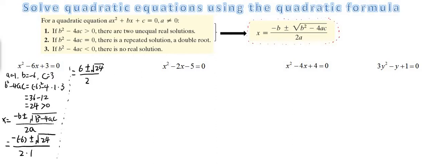Now for the square root of 24, we can continue to simplify it because we can use the factoring method. For 24, we can write 2 times 12. And for the 12, we can write 2 times 6. And for 6, we can factor as 2 times 3, until we reach prime numbers.